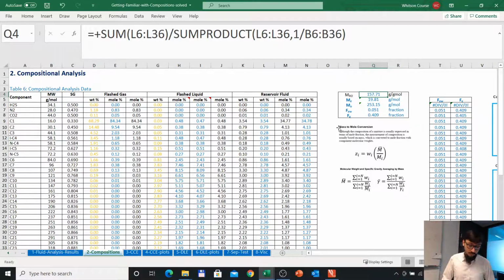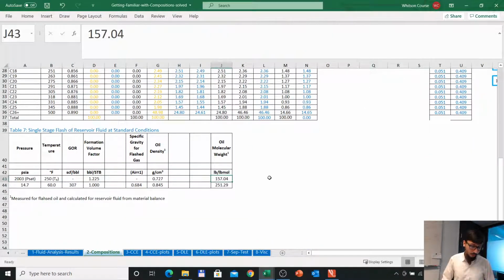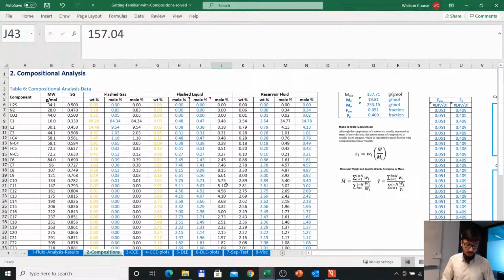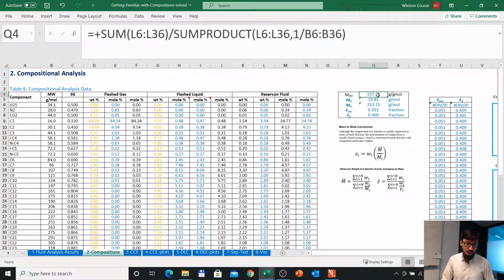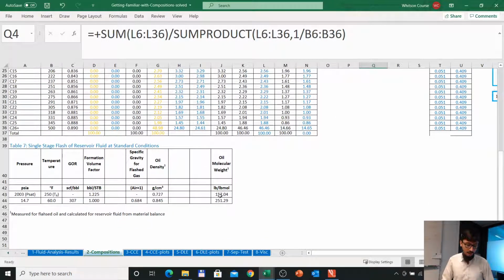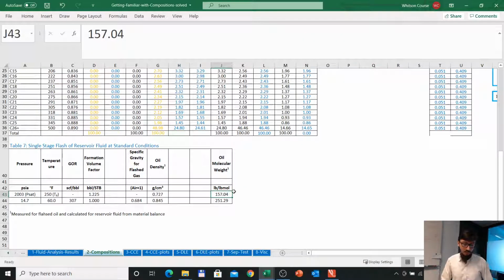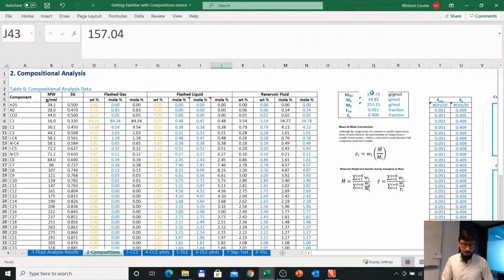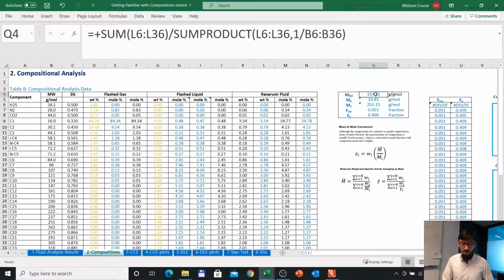But this molecular weight here is calculated from the material balance using the average measured molecular weight, and this one is calculated from the compositional data and the assumed component molecular weights. Generally, PVT labs don't provide you this number calculated from the material balance, but they generally always provide you this number, the molecular weight of the reservoir oil from the compositional data.